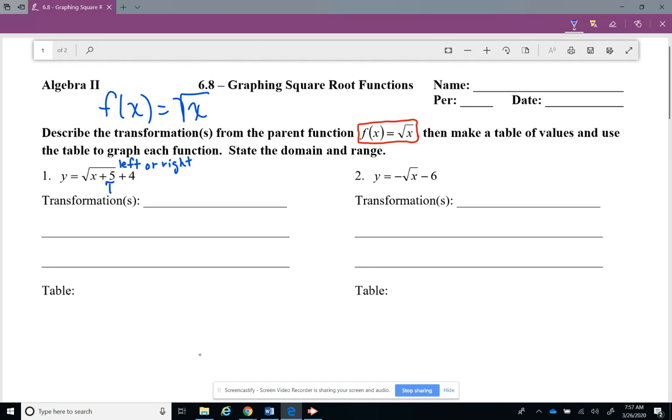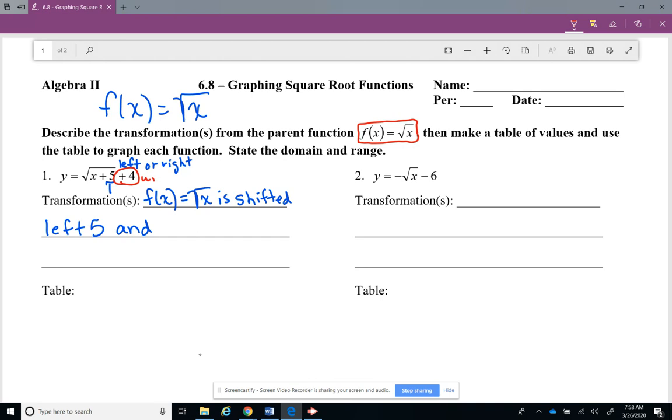So we are going to say that the parent graph f of x equals the square root of x is shifted left 5, and now I'm going to look at the part that takes the place of k. For this one, it's plus 4.